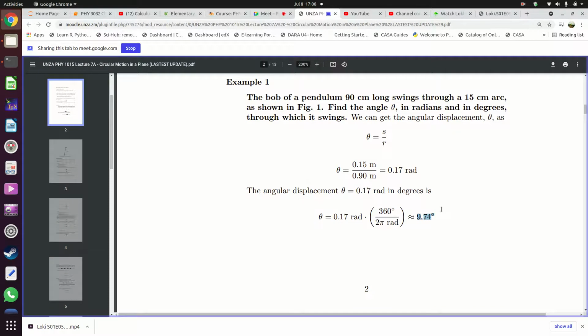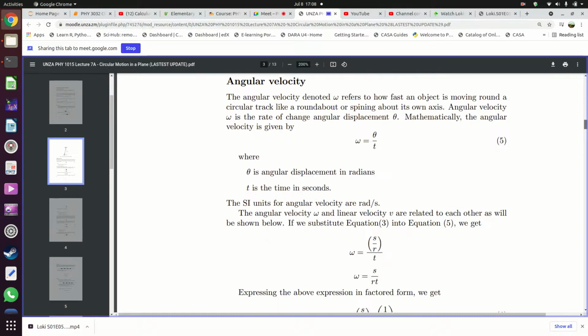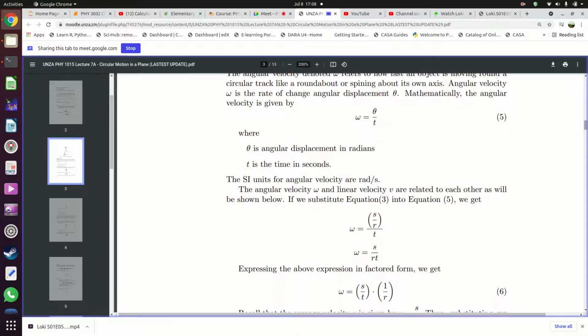Next update to the notes was the relationship between the velocity v, or the tangential velocity, and the angular velocity omega. We defined angular velocity omega to be the total angular displacement divided by the time it takes to make that particular angular displacement.